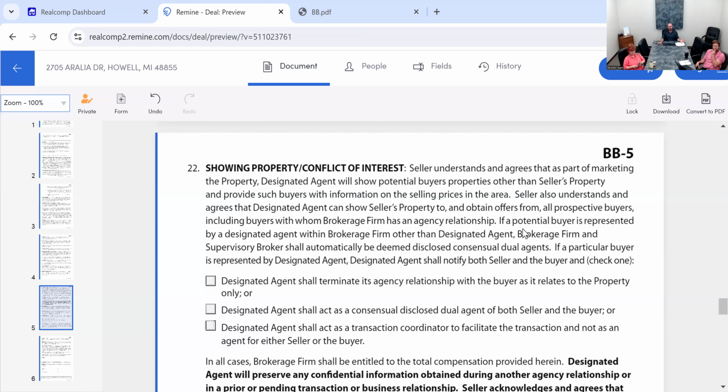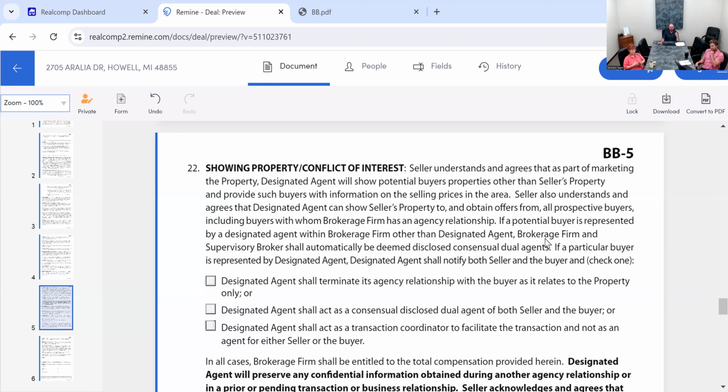All right. If a potential buyer is represented by a designated agent within the brokerage, other than the capitalized designated agent, and that's where we got tripped up in this. The capitalized designated agent is you as the listing agent. The non-capitalized is other agents at Remax Platinum.